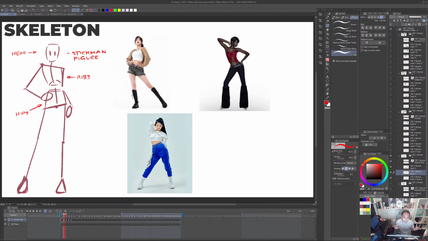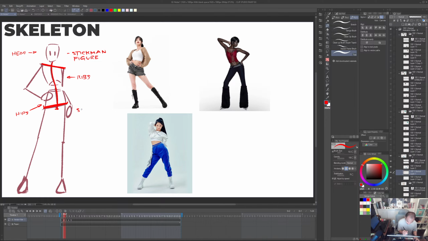This is very, very simple to do, and the key points that you wanna ensure that you understand are the spine, which almost follows the action line over here, the shoulder tilt, and then the hip tilt. You can put the hip tilt over here.